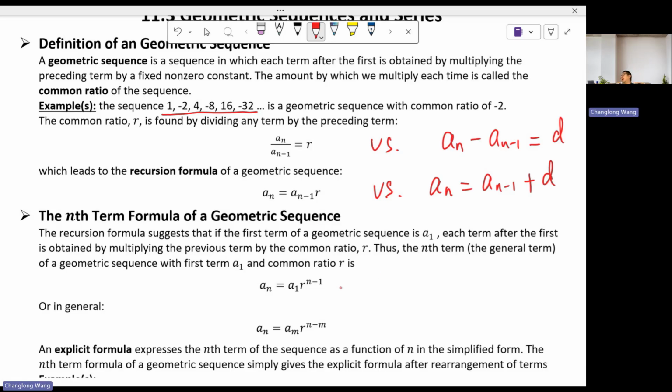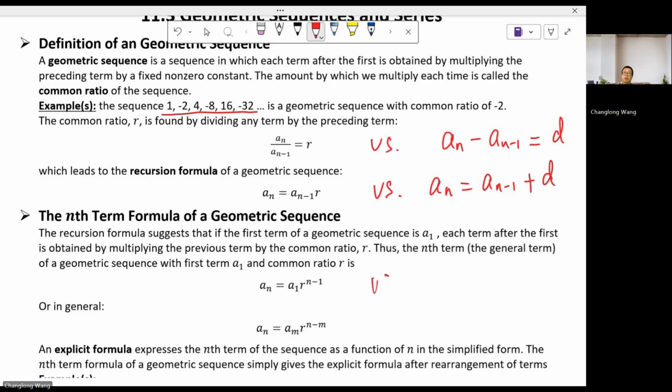Since we're always multiplying, as for now, right? So there we'll divide. But right now, let's say always multiplying a common ratio to get a term to the next one. So if I'm going to start from a sub 1, does it make sense that we're only multiplying the common ratio not n times, but n minus 1 times to get to a sub n?